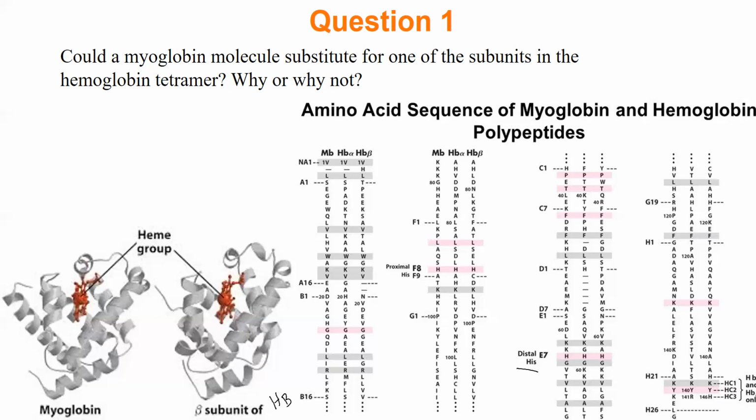So no, you could not just put a myoglobin in there, because it does not have the correct amino acids in the correct positions to have cooperativity. So that's the answer to question 1 there.